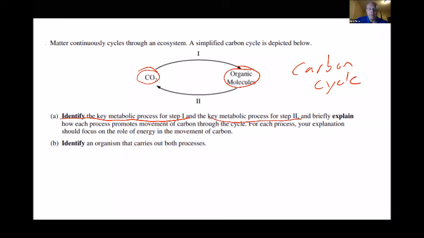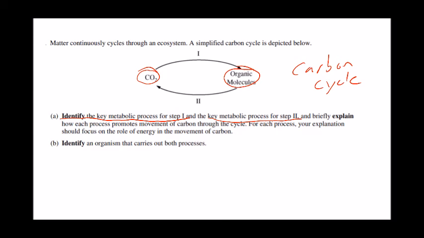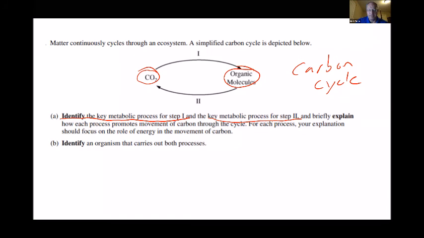So somebody unmute and tell me what step 1 is. What does step 1 represent? Photosynthesis. So you should say step 1 represents photosynthesis. Period. That's a point.